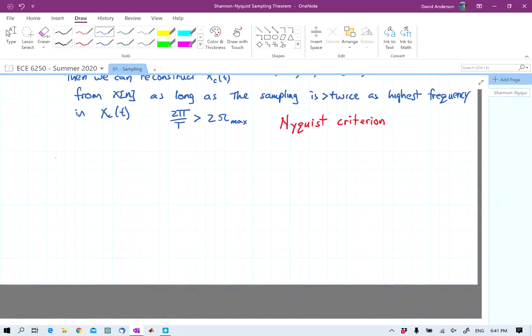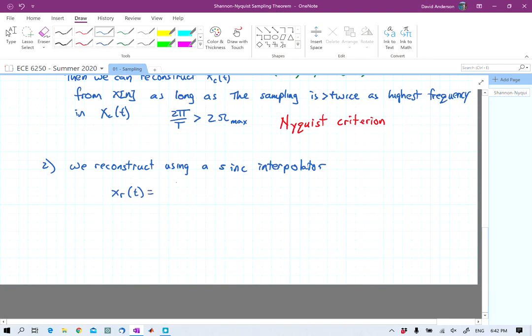Okay, so the second part is, this question was, how do we reconstruct this signal? And the answer to that is we use a sinc interpolator. So, what does that mean? Well, I'm going to use r here for reconstructed.